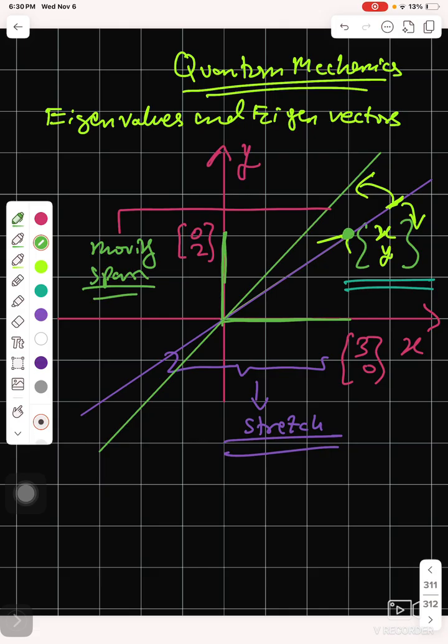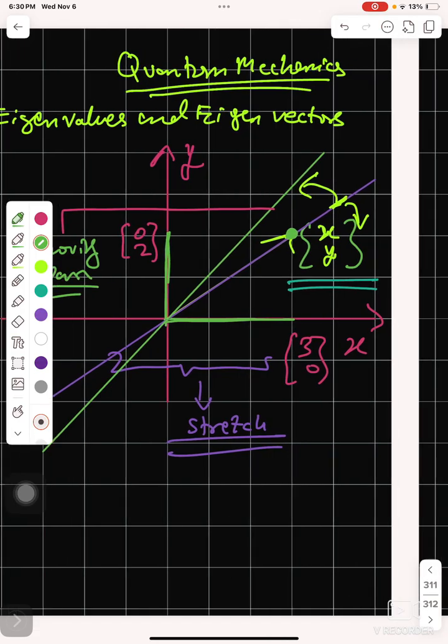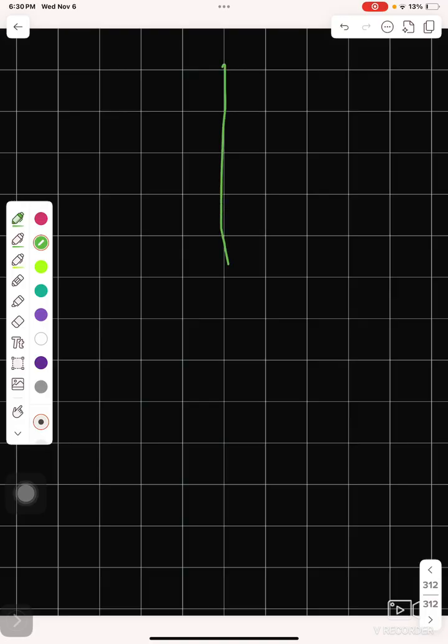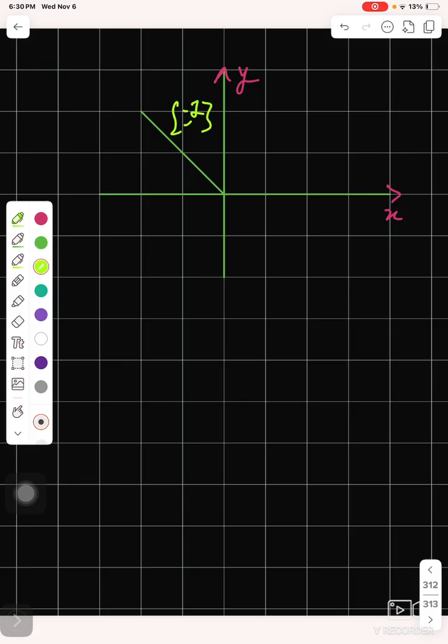But there are some vectors which don't move even if you stretch or transform the graph. Let's go with stretch. That is over here in this part, the matrix with entries -1 and 1.